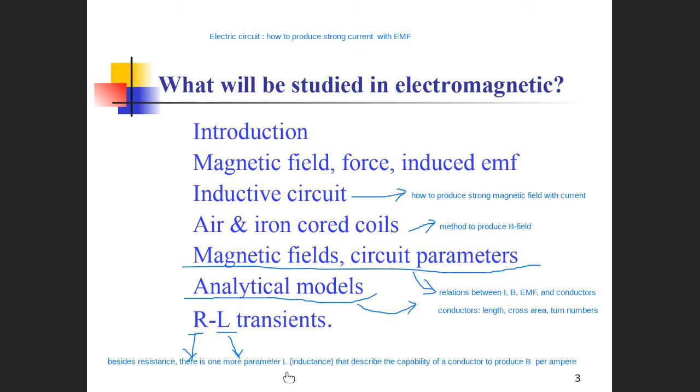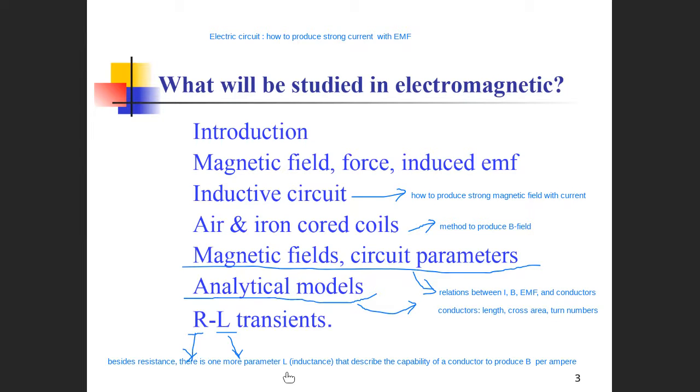So similarly, what's the resistance? The resistance is the load's capability to consume voltage with 1 ampere. So 1 ampere, 1 volt, that is 1 ohm. So 1 ampere times the resistance is the voltage across the load.